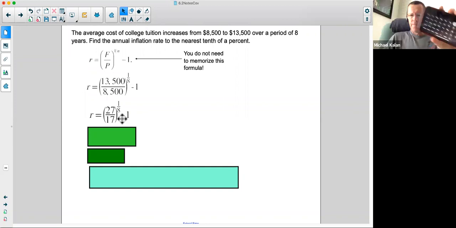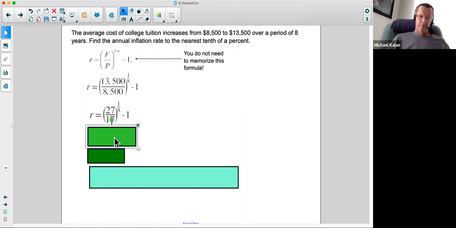Okay. So you literally would type in, well, let's do 27 divided by 17, sorry, my bad. 27 divided by 17 is that big decimal, okay?